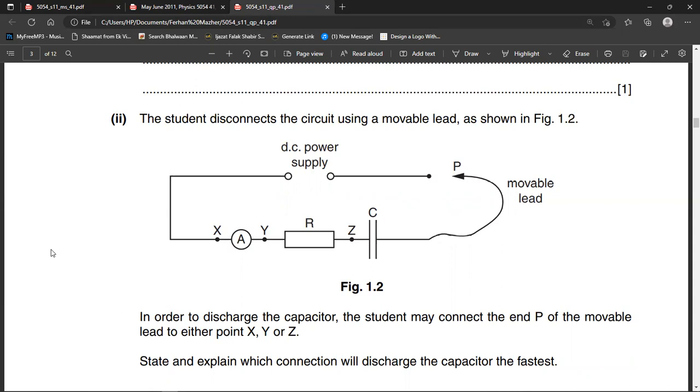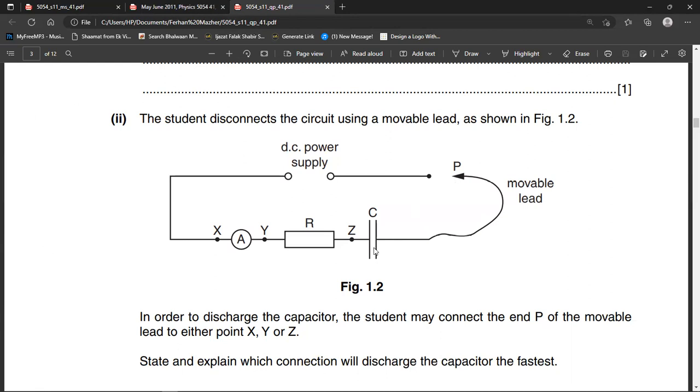The charge which is stored on the capacitor can be discharged if you complete the path between the two plates, and that path should have the lowest resistance.